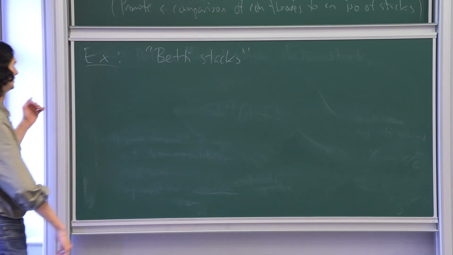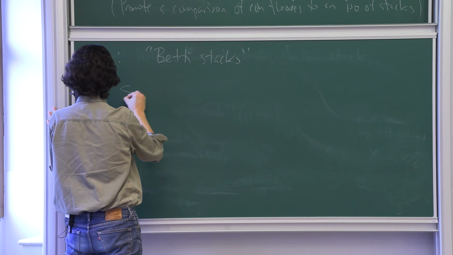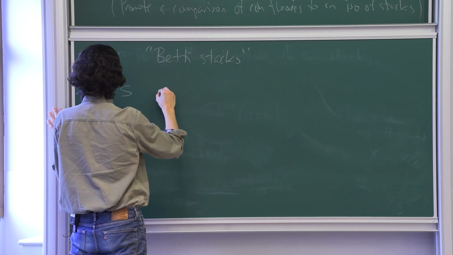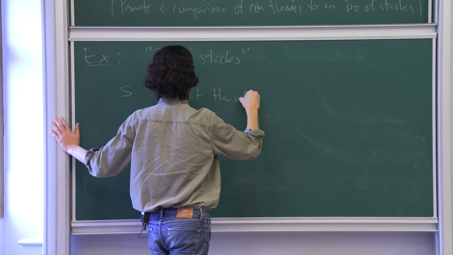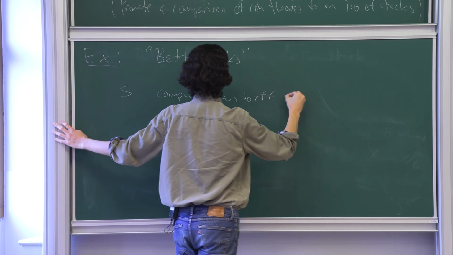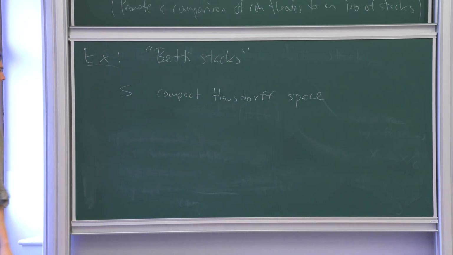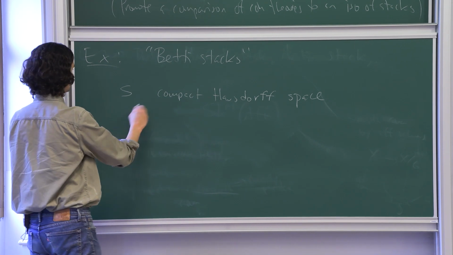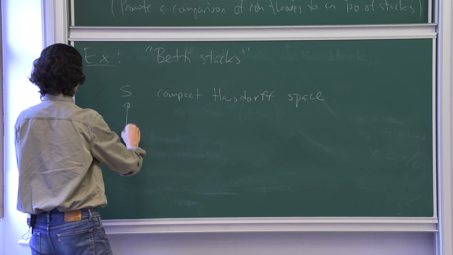So for example, if you have S, say, a compact Hausdorff space, then I claim that you can make a stack. And how do you do it? You use the old familiar idea.